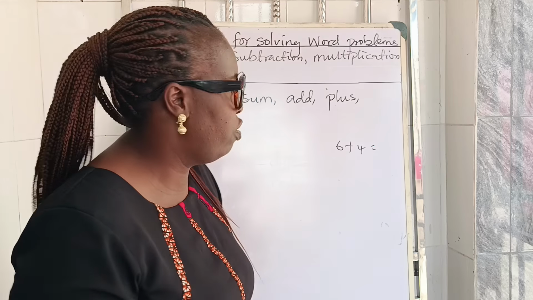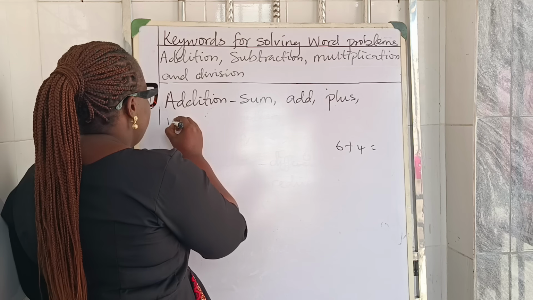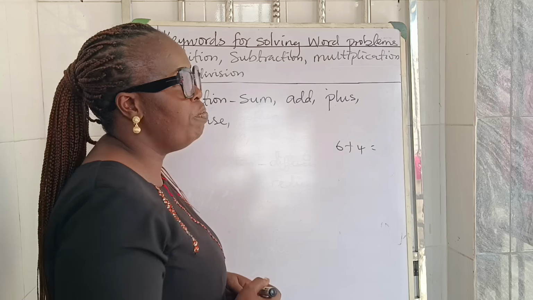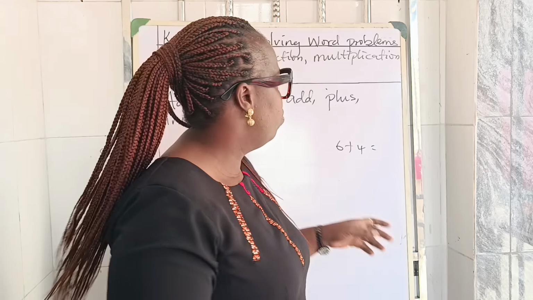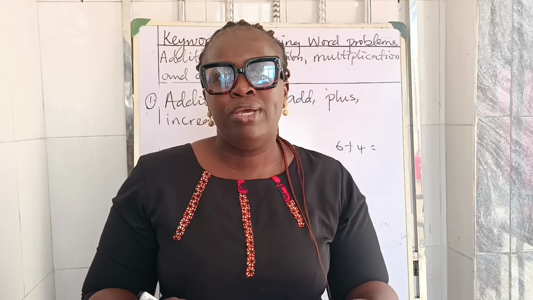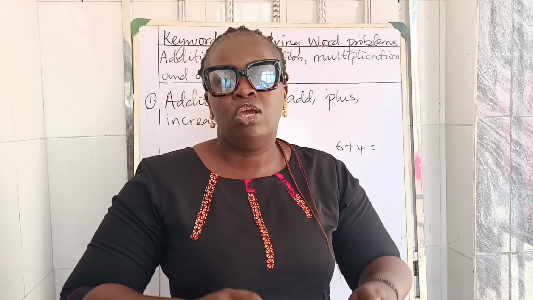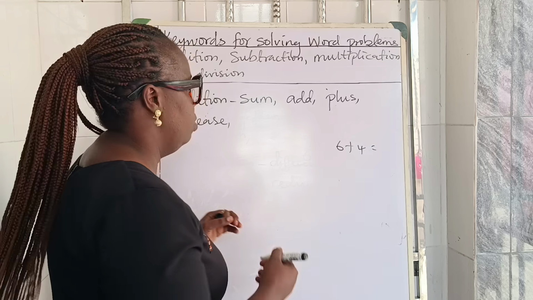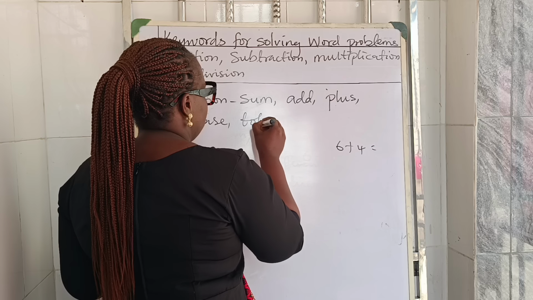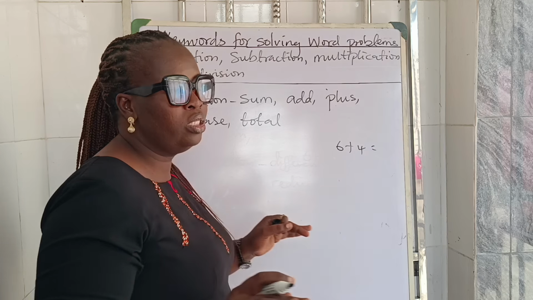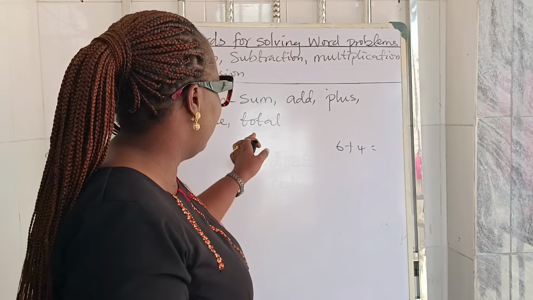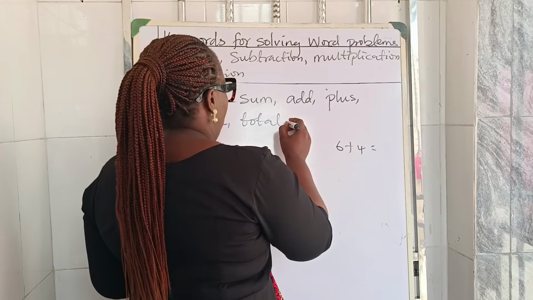If you see increase, increase also means you're being asked to add. When you see all together, total. In total, what is the number of boys and girls in class A? They're asking you to add all together.